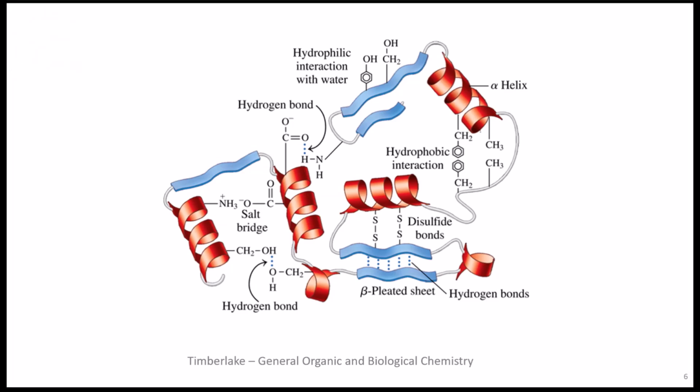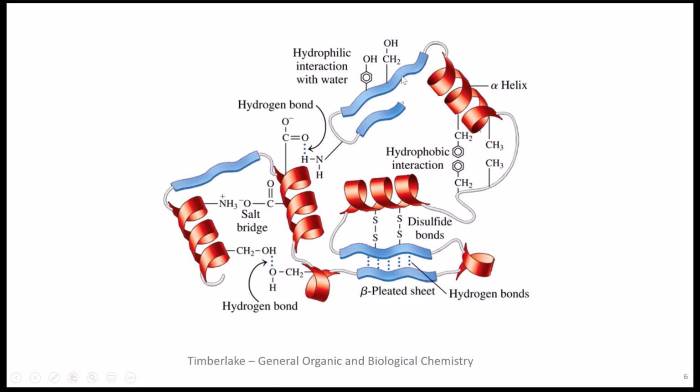So here are some visual representations of what kinds of interactions you can see within a polypeptide chain. Remember, the polypeptide chains aren't these long elongated chains of amino acids. They do fold up and form more compact structures where you can see lots of different interactions. Here we've got some examples of a few of the side chains poking up off of the backbone structure, where you can have hydrophilic interactions with water at the top here.